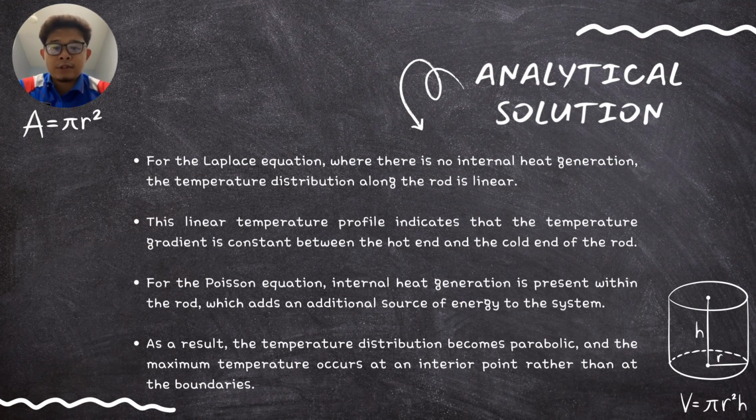Next, for the Poisson equation, internal heat generation is present within the rod, which adds an additional source of energy to the system. As a result, the temperature distribution becomes parabolic and the maximum temperature occurs at an internal point rather than at the boundaries.